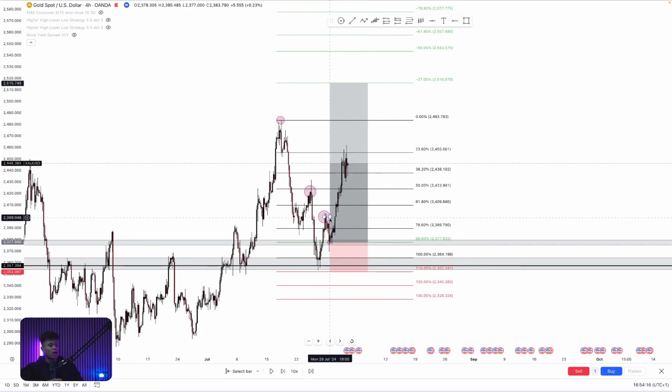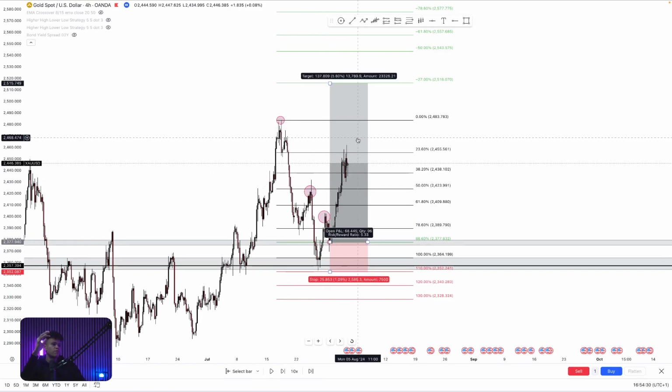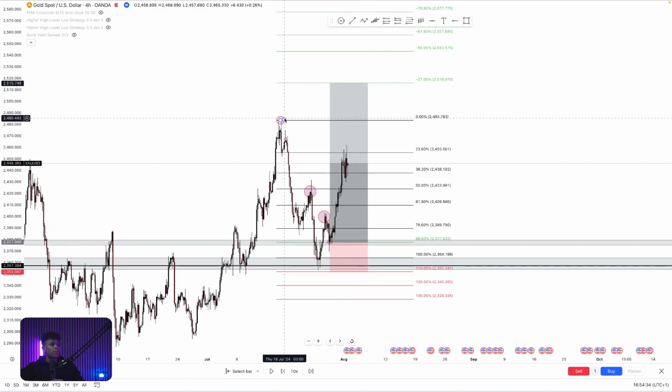We broke above previous lower highs right here, and then a couple of days later, we broke above the next lower highs, which is also a great confluence that we will most likely go to the upside and potentially break above these highs. And if price does so, then we're good to go.